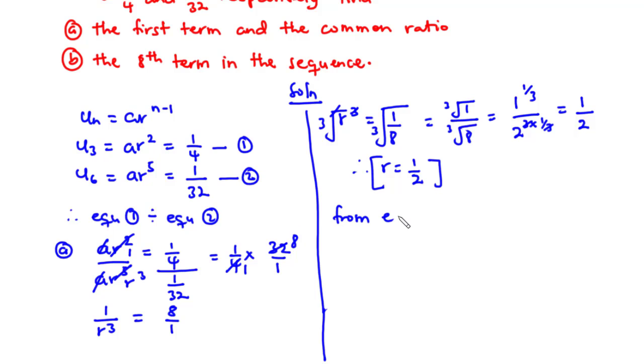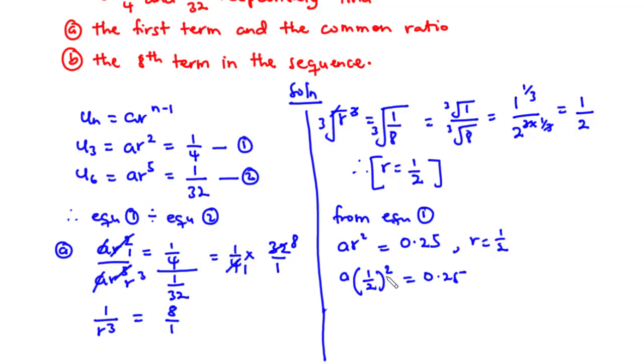So from equation 1, we have a times r squared equals 1 over 4, and then 1 over 4 is the same as 0.25. So given that r is 1 over 2, we have a times 1 over 2 squared equals 0.25. Now 1 over 2 is half.